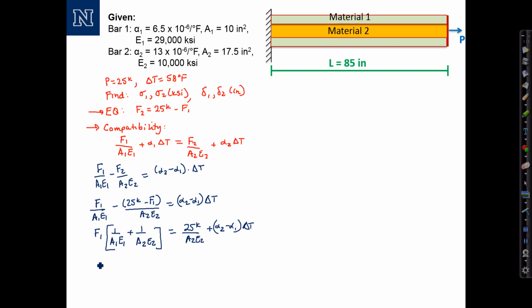And now I can write an expression for F1, which is 25 kips over A2 E2 plus alpha 2 minus alpha 1 delta T, divided by the whole thing, 1 over A1 E1 plus 1 over A2 E2.